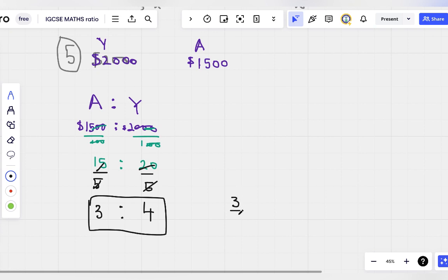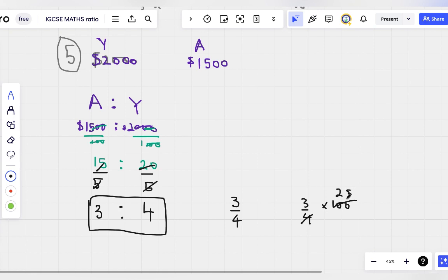What's the percentage of the salary? In percentage, this will be 3 over 4 multiplied by 100. This will be 75. 100 divided by 4, you get 25. 25 times 3, you get 75.